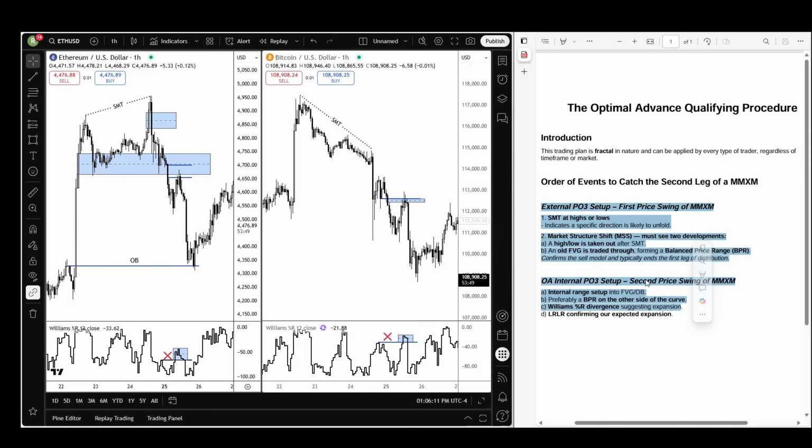So we're not just looking for the internal range power of 3. We need to see the external range power of 3 before the internal range power of 3. Okay, so if you guys get really good at this and noticing the SMT and the market structure shift with the balanced price range, OA typically should come right after, right, if we are in a low resistance market maker model.